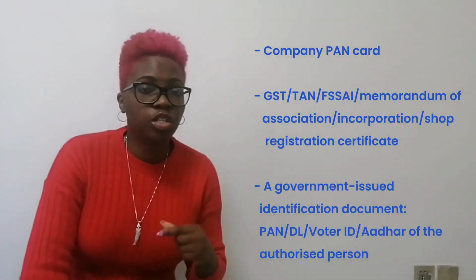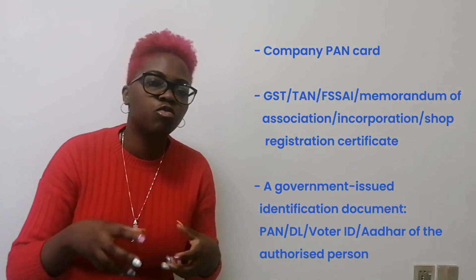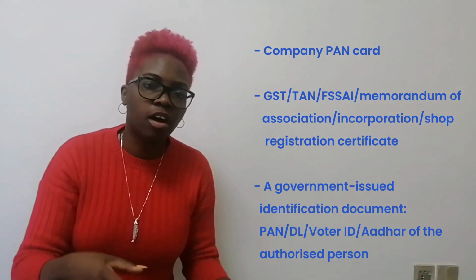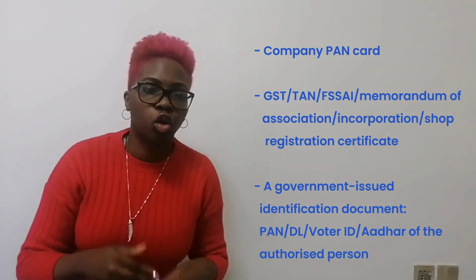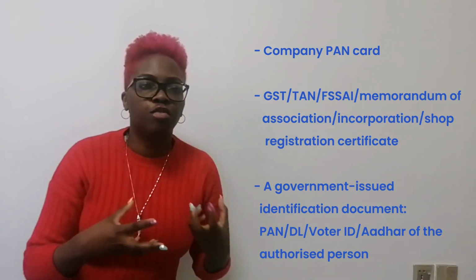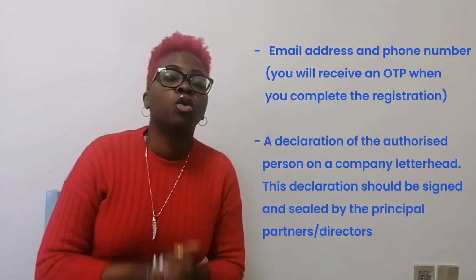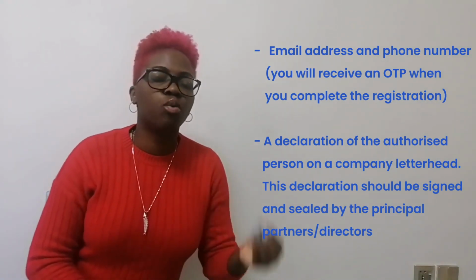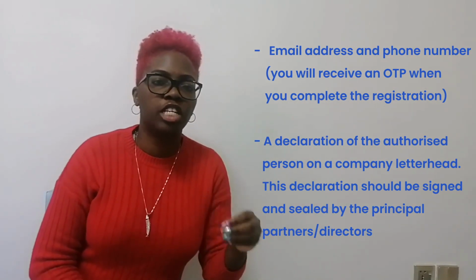Before you begin your Jio DLT registration process, there are a couple of documents and pieces of information you need to have ready. And they are your company PAN card, your company official documents, and any government issued identity documents. You'll also need to provide your email address and phone number, because that is where you'll get your OTP notification sent.